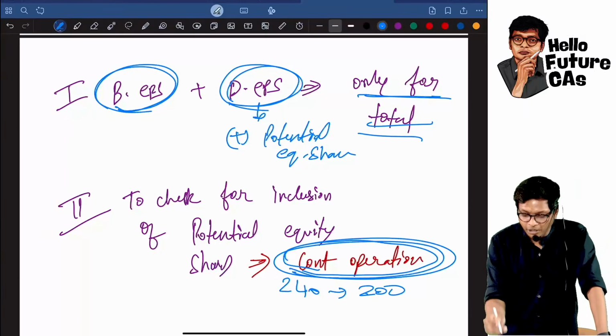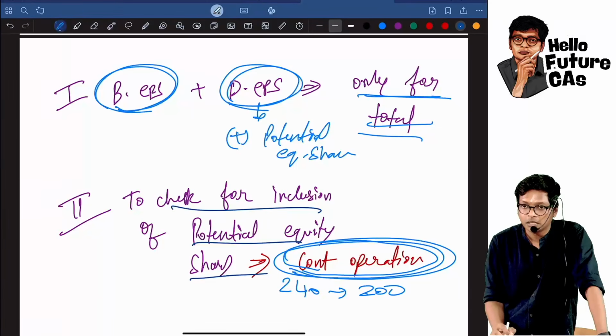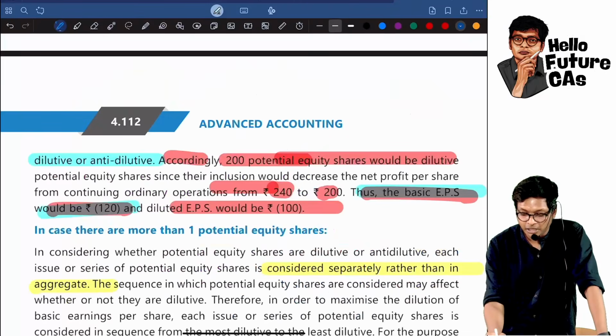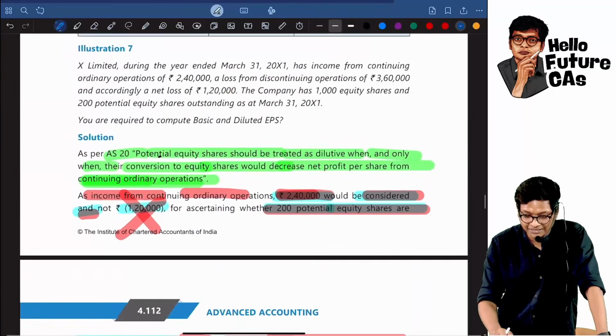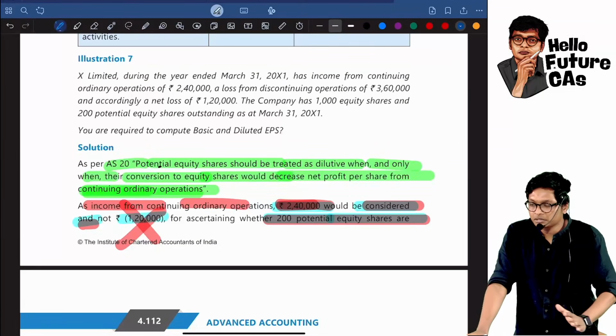Whether to add or not, for that we have to check what, guys? For adding, is there a dilution only with continuing operation? Are you following? It's not my sum, guys. It's a study material sum, a short answer. But I think it's easily worthy of asking for 3 marks or 4 marks.